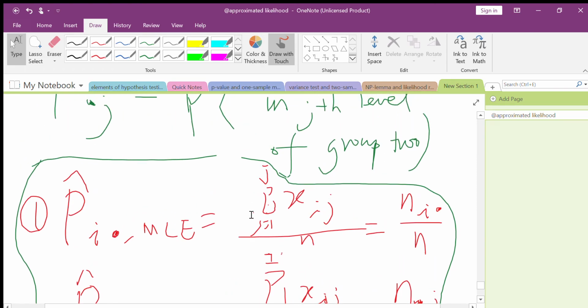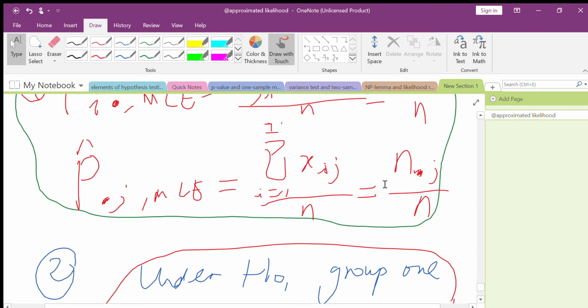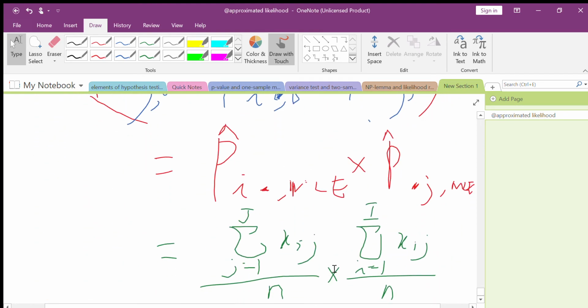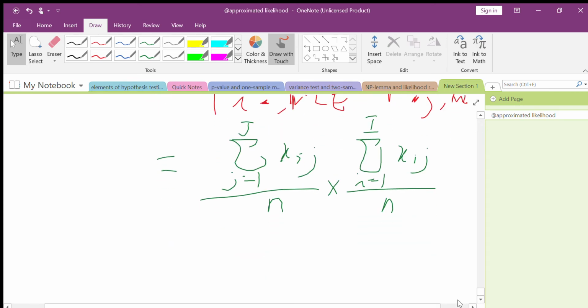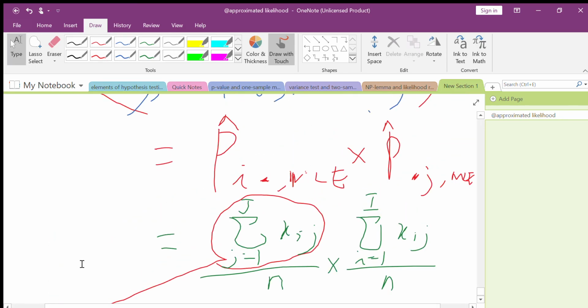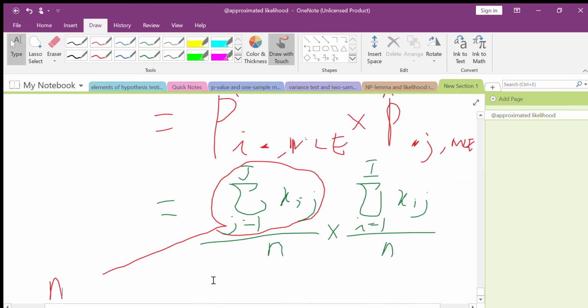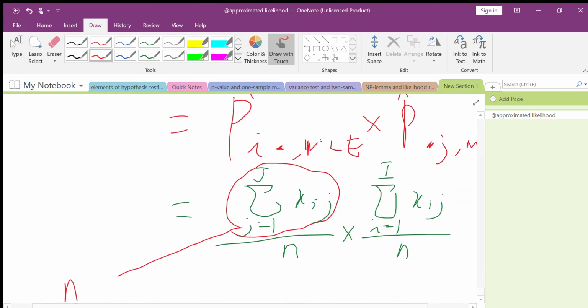The summation over j from 1 to capital J we denote as ni dot, to associate it with pi dot hat, and we also gave the other summation a new notation, n dot j.